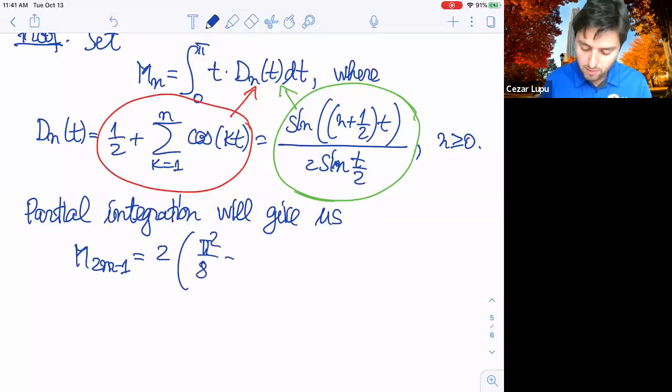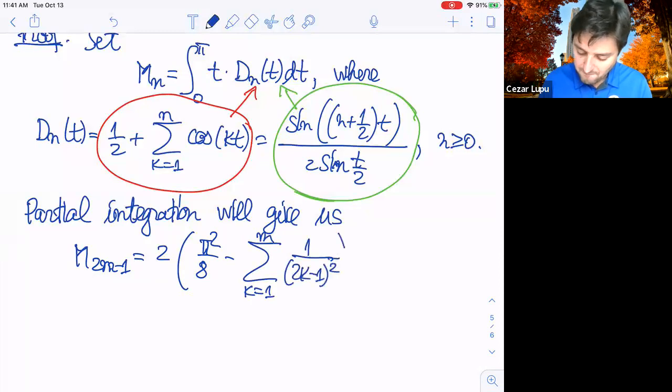This is pi squared minus 8. And this will be the sum from k equals 1 to m of 1 over 2k minus 1 squared. Anyway, I'll leave the details to you. It's just the integration if you plug it in. You'll see the first part you can get immediately, and then you'll see that you will have a 2 factor there.